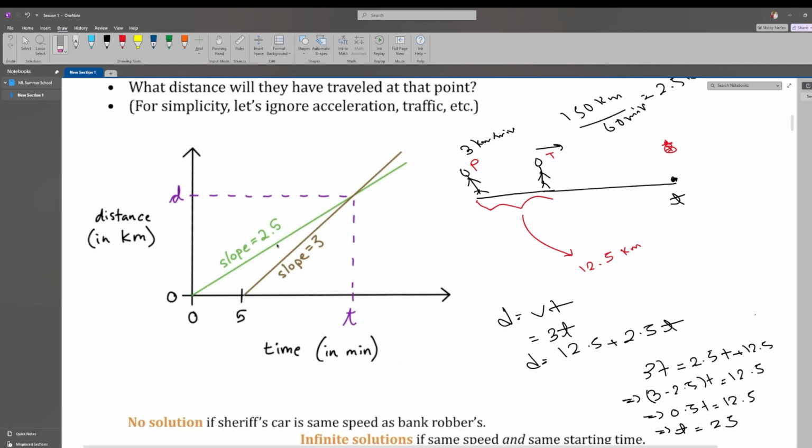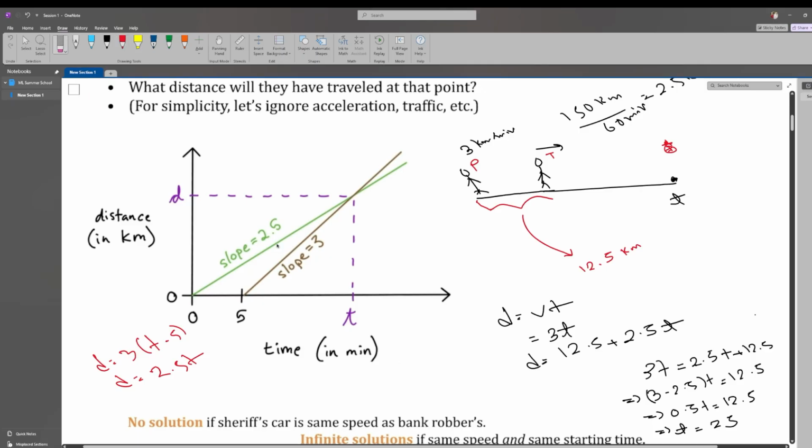We could have written d equal to 3t minus 5, and we could have written it as 2.5t. These are exactly the same, and if we write this, we would get this. So this is not a big issue. The important factor is we do have the difference of 5.